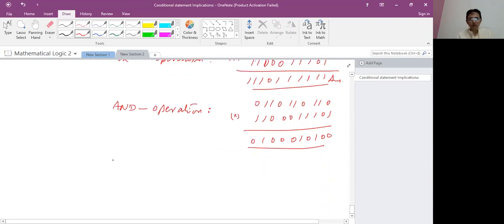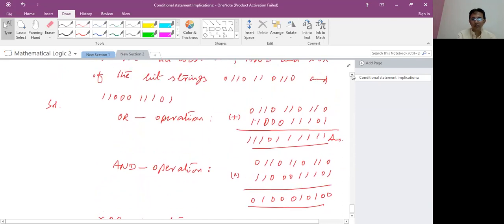Now when we apply the XOR operation, student, we join OR and XOR.